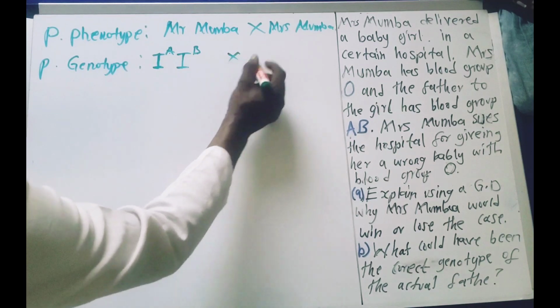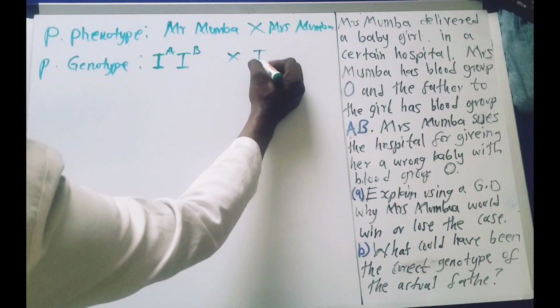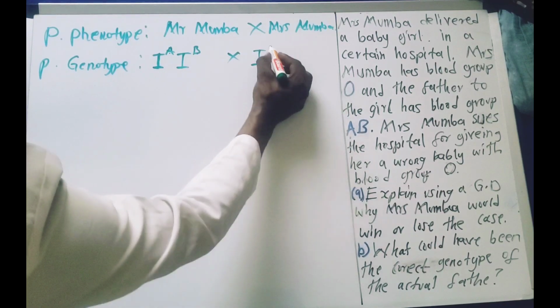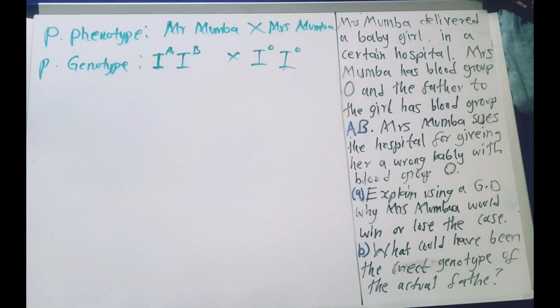Then this is crossing with Mrs. Mumba, who has O. For the blood group we use I, and since this is O, it's going to be like this. That's the first thing.